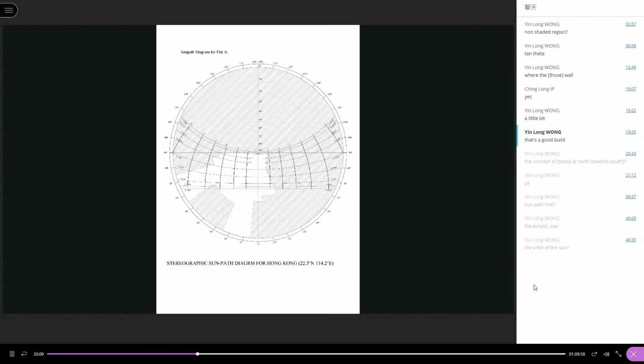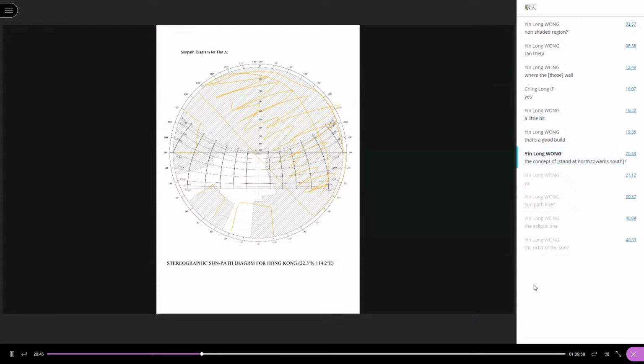For a window facing southeast, this half circle of the sky will be behind the window. Then you can try to plot the external obstruction to see when you have sunlight reaching your window. All right, so this is for flat A.